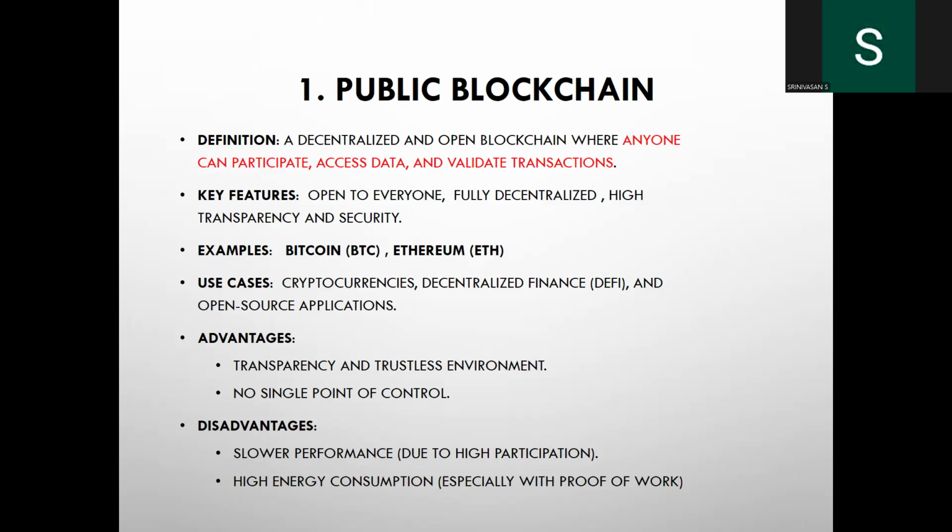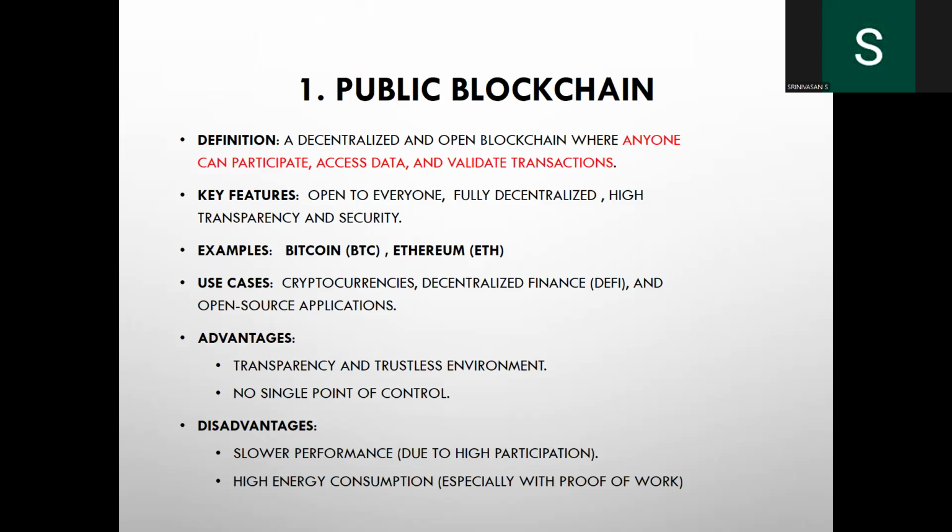The most common examples for public blockchains are Bitcoin, Ethereum, and all other cryptocurrencies. Today, we have so many decentralized finance applications that use the public blockchains, and most of the open source applications are part of these public blockchain networks.